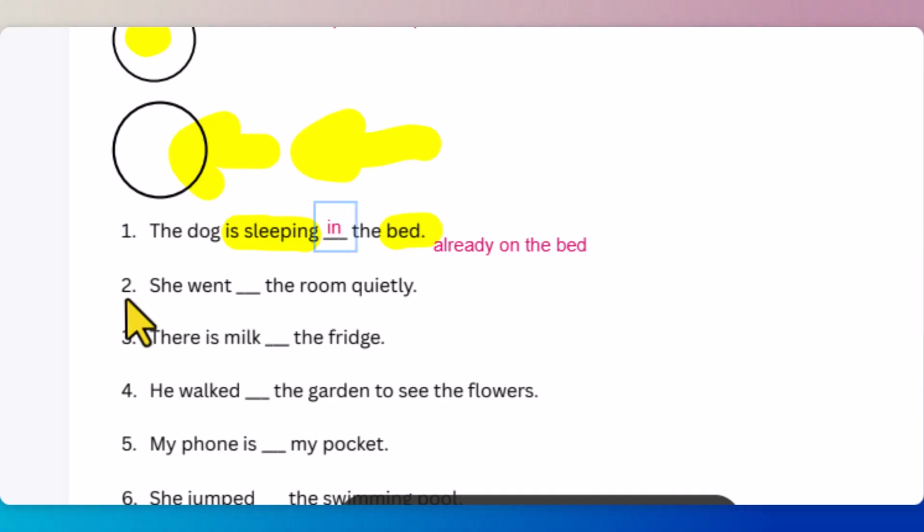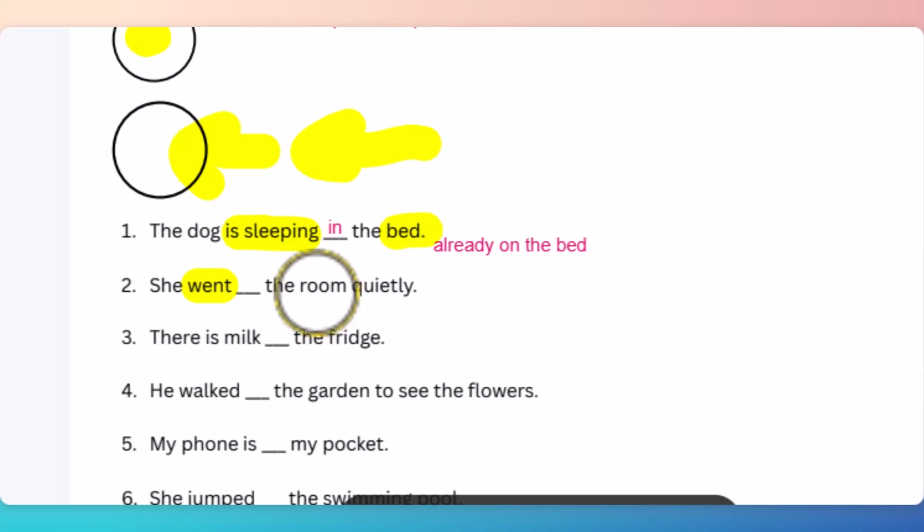Let us go to question number 2. She went blank the room quietly. So she went, meaning went is the past tense of go. And where is she going? The room. So which one did we say shows movement? Into. So she went into the room quietly.